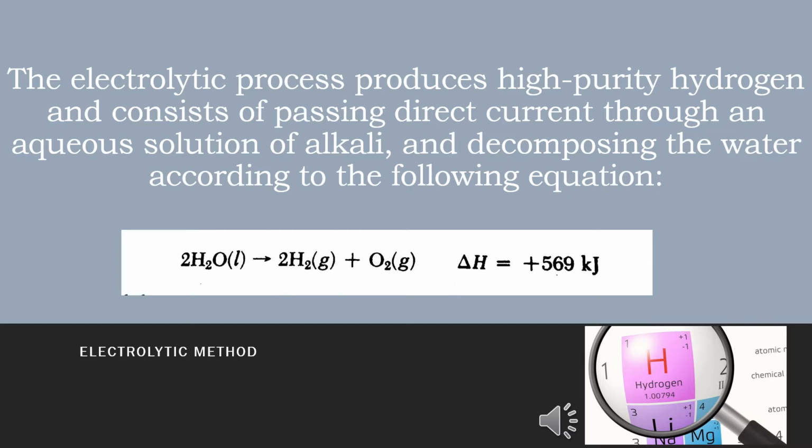volts are usually required. A typical commercial cell electrolyzes 15% NaOH solution, uses an iron cathode and a nickel-plated iron anode, has an asbestos diaphragm separating the electrode compartments, and operates at temperatures from 60 to 70 degrees Celsius.